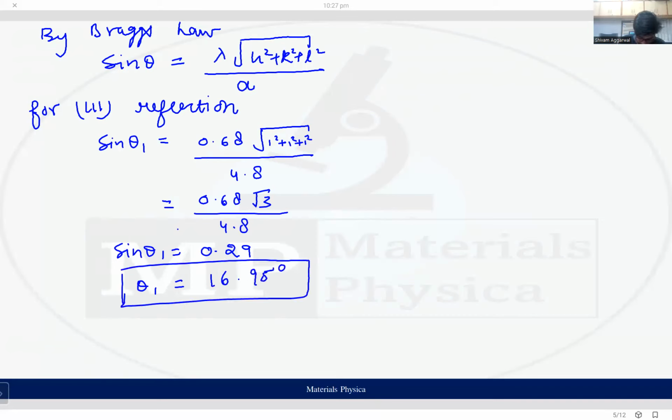And similarly, the next reflection is the 200.